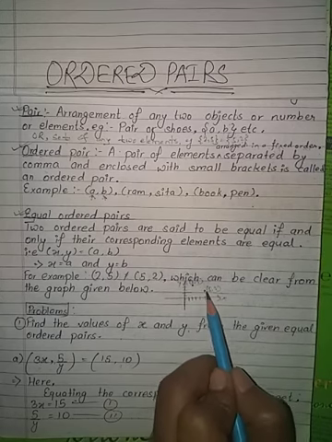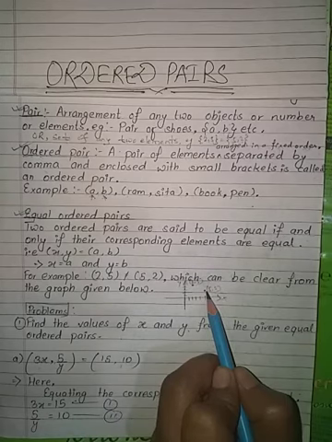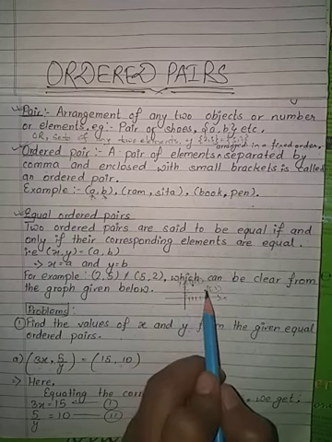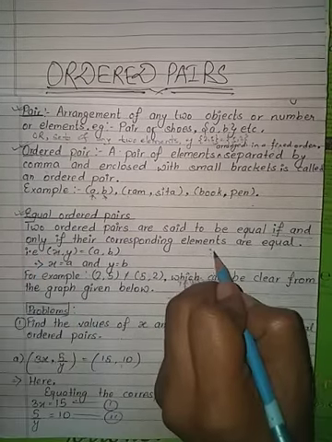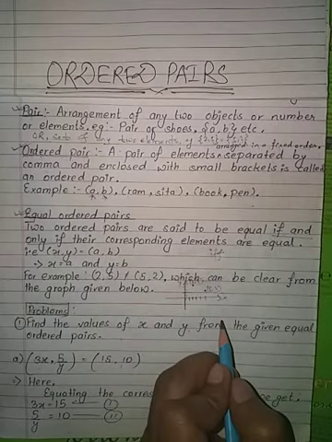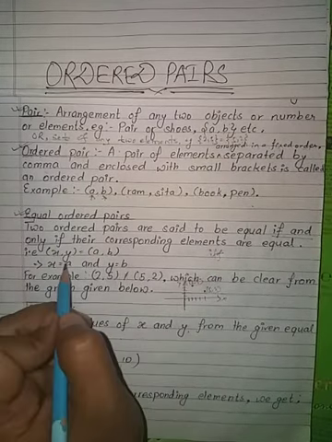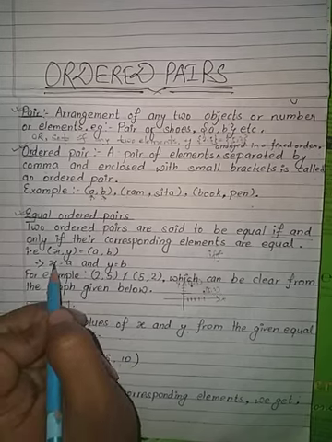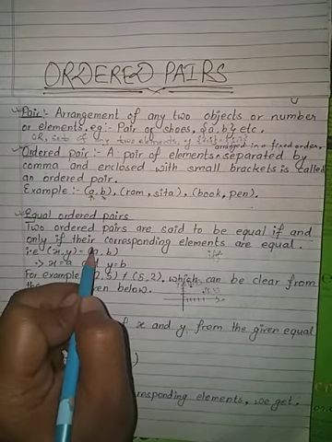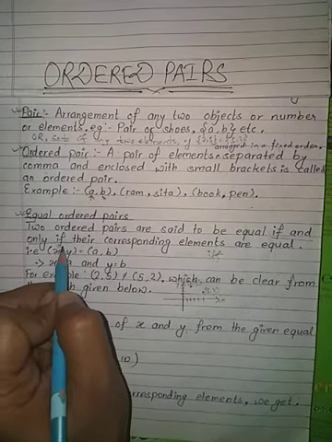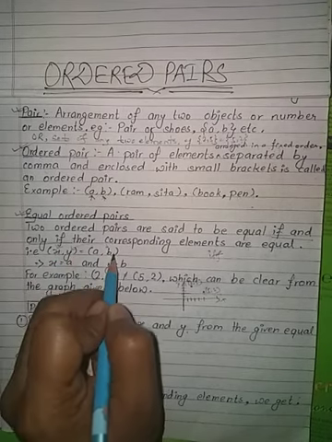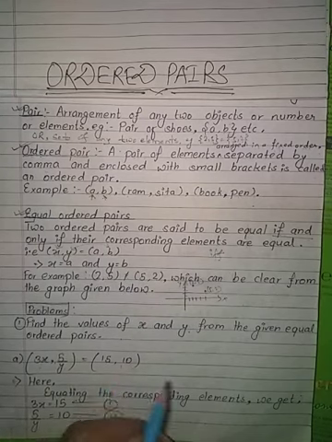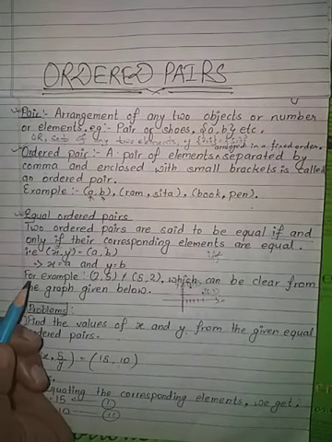So by this example we can clearly understand that two ordered pairs are said to be equal if and only if, which can be written as iff in short form, their corresponding elements are the same. That is, the first component or antecedent must be equal, and the consequents must be equal with each other. Only then they can be said to be equal ordered pairs.